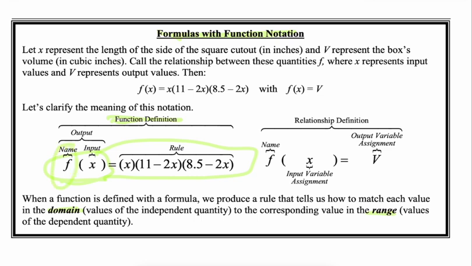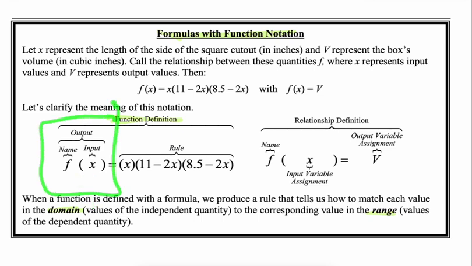F is very common. It doesn't have to be an F. Use the notation, the function name, or any variables that they have used in IMath. Use whatever they've used. Remember, the input is your independent variable. That's this x right there.